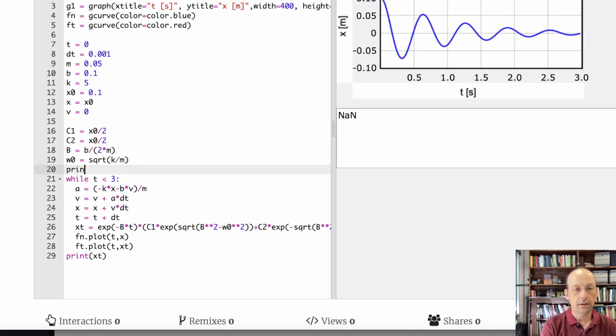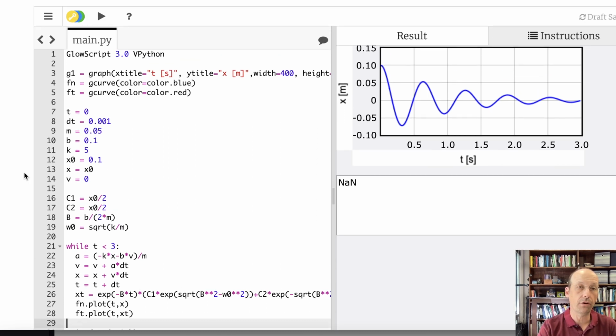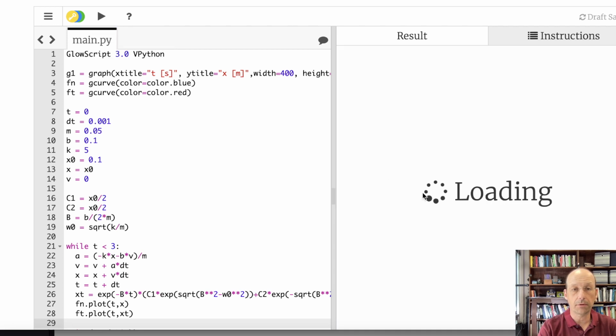Let's print this. Let's run the whole thing, and then print exponential negative b times t. So t is not 0, so it should print a number. Let's just see if that does it. It'll run the whole thing, and then we can see if it prints a number.